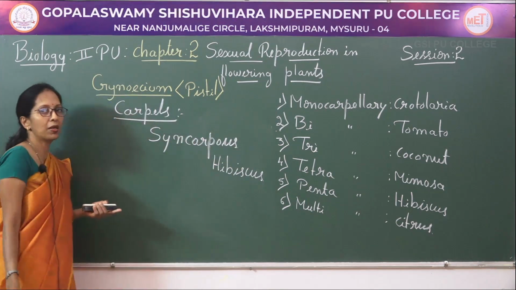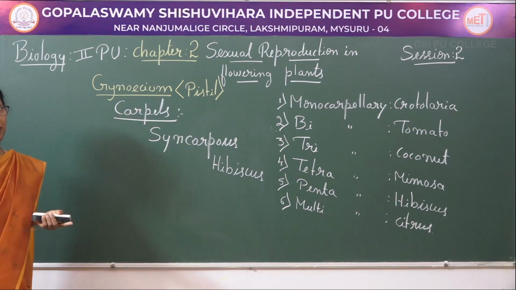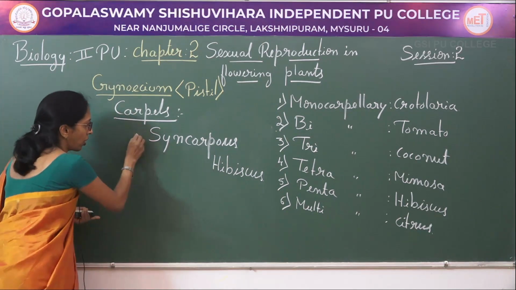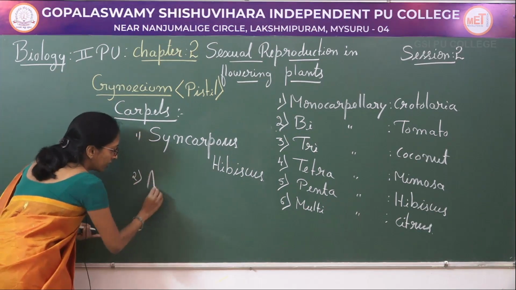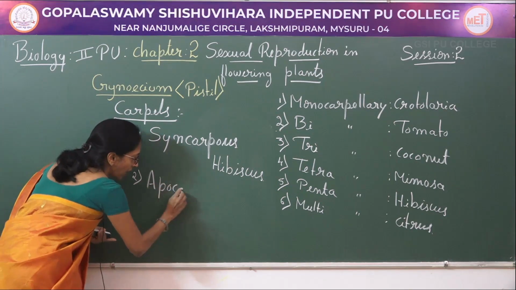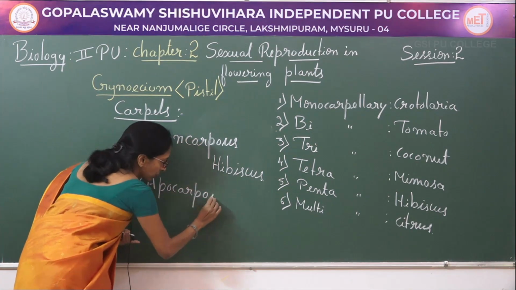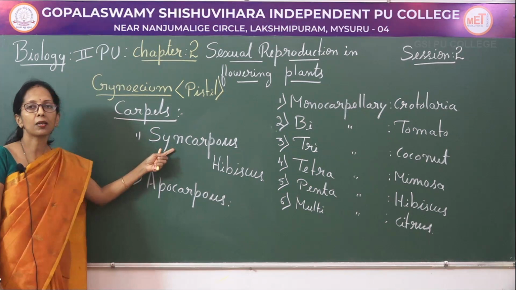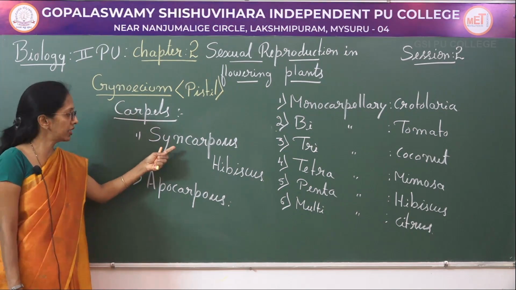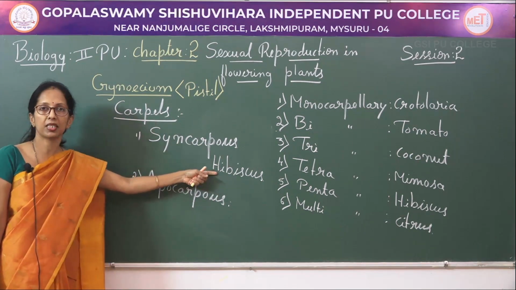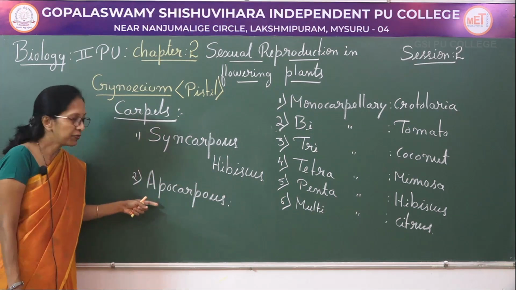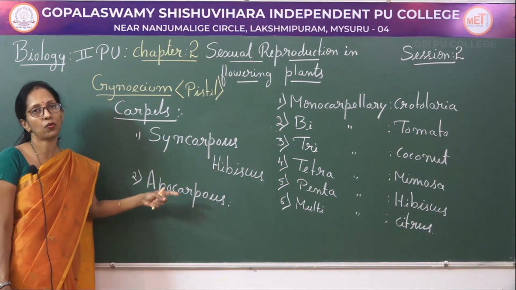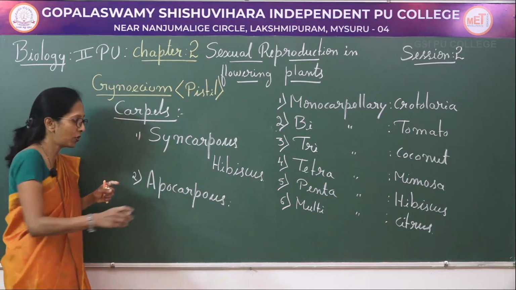If the gynoecium is made up of many carpels and the carpels are free from one another, then it is said to be apocarpous. Carpels which are fused are syncarpous, best example hibiscus. Carpels which are free from one another are apocarpous.